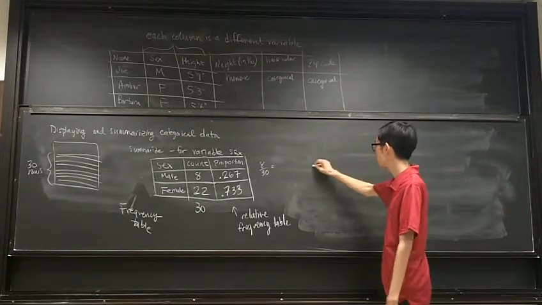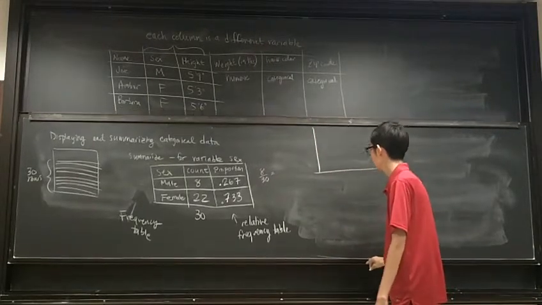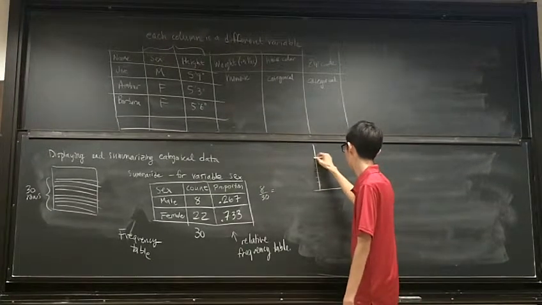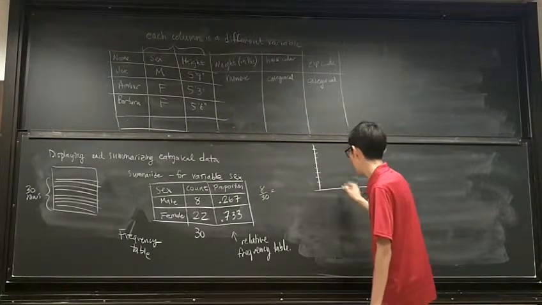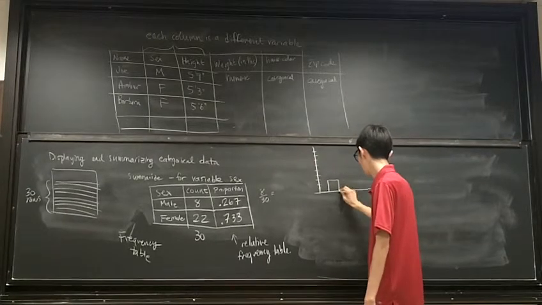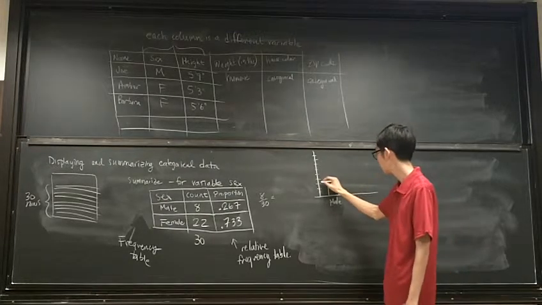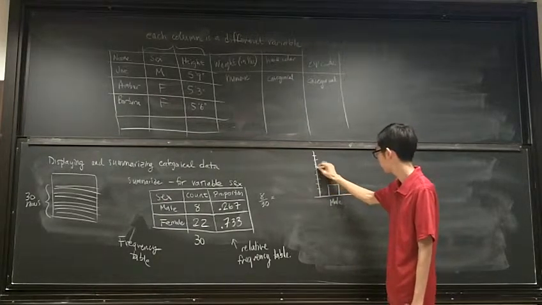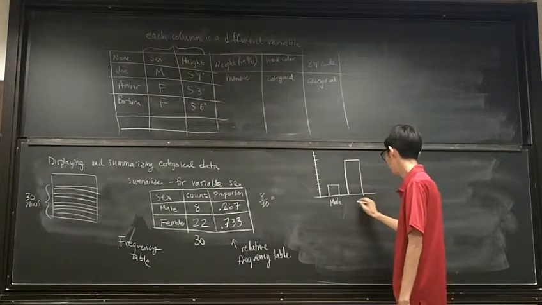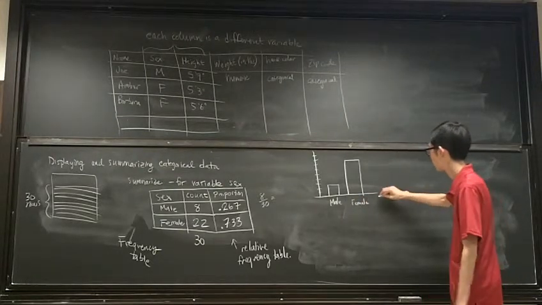And if we wanted to display this, we would have to draw this somehow. Alright, and I would say this column represents male, and female, okay?